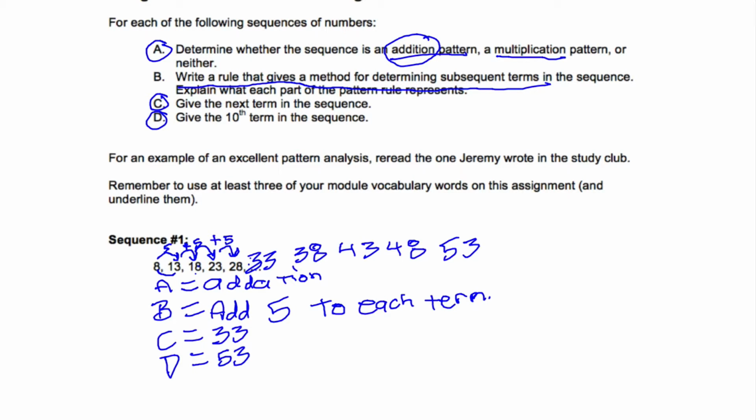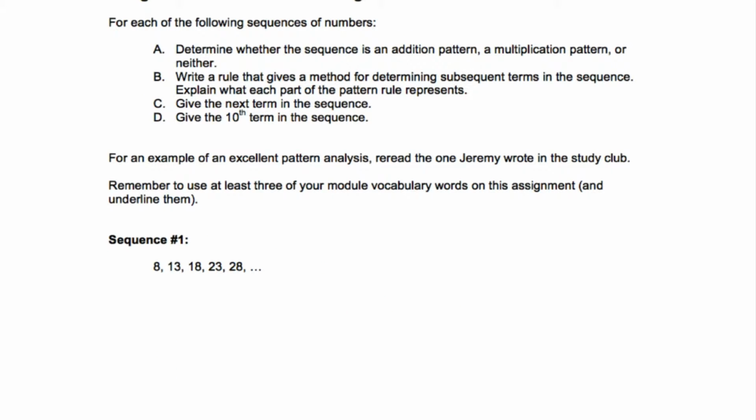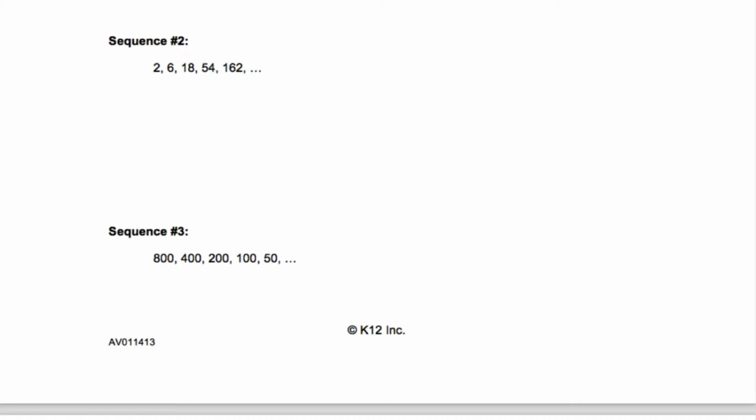So let me do another example for you here. Sequence 2. A, is it adding or subtracting? If we add, it would be plus 4, but 6 plus 4 is not 18, so it's not adding.